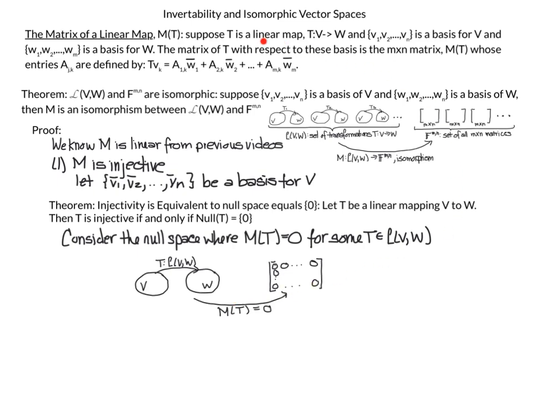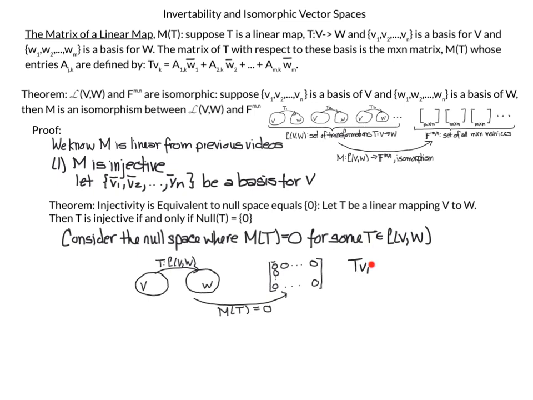But let's look at what happens to our transformation using this definition of how we get M of T. We said that V1, V2 up to Vn is our basis for V, and W1, W2 up to Wm is our basis for W. The matrix of T, which is all 0 with respect to these bases, is the matrix whose entries A sub jk are defined by this. So let's take a look. What does T of V1 look like?